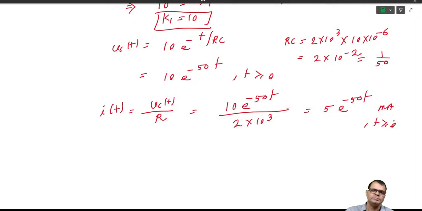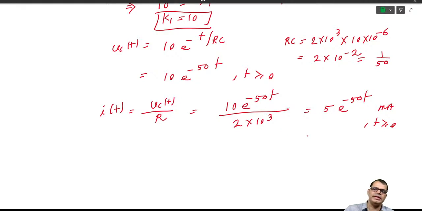Very simple. Whenever you are dealing with this, it is called a single time constant circuit, because you have only one energy storing element, or a combination that behaves as one energy storing element. That's why it has only a single time constant.